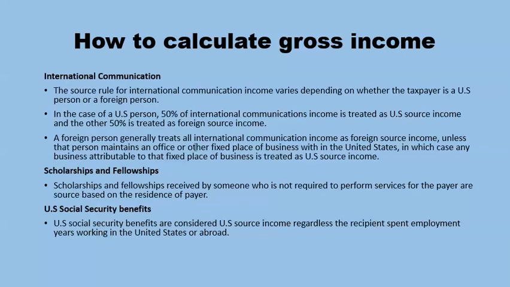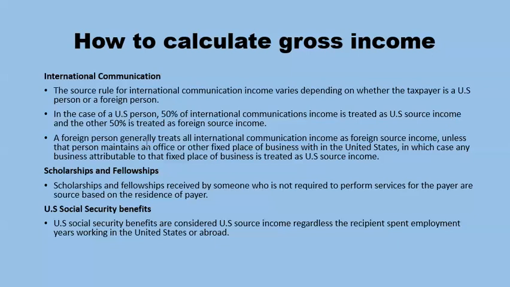International communication. The source rule for international communication income varies depending on whether the taxpayer is a U.S. person or a foreign person. In the case of a U.S. person, 50% of international communications income is treated as U.S. source income, and the other 50% is treated as foreign source income.